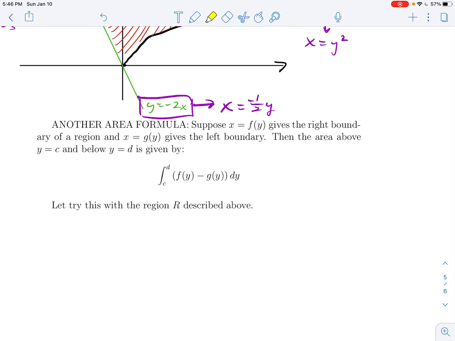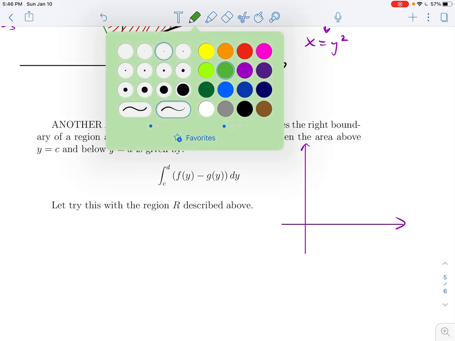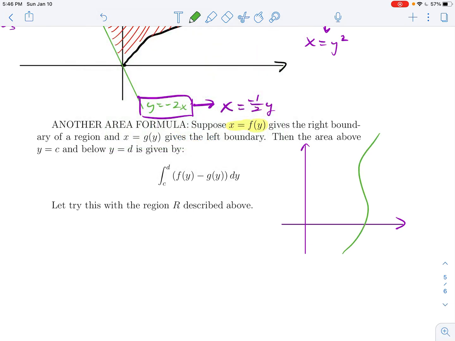So here's the idea. Let's suppose x equals f of y. This feels really weird, but we're saying we have some equation where we can plug in y and get x by some formula. X equals f of y gives the right boundary of some curve. So maybe here is x as a function of y. This fails the vertical line test, but it satisfies the horizontal line test.